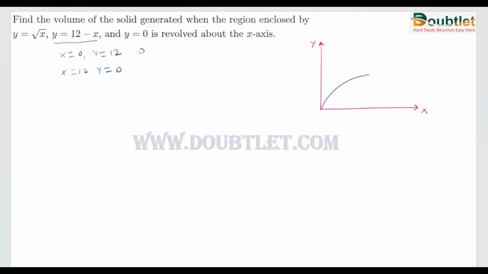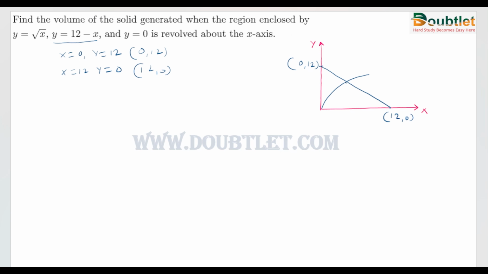So basically it will intersect at (0, 12) and (12, 0). So suppose this is (0, 12), this is the straight line, and this point is also (12, 0).